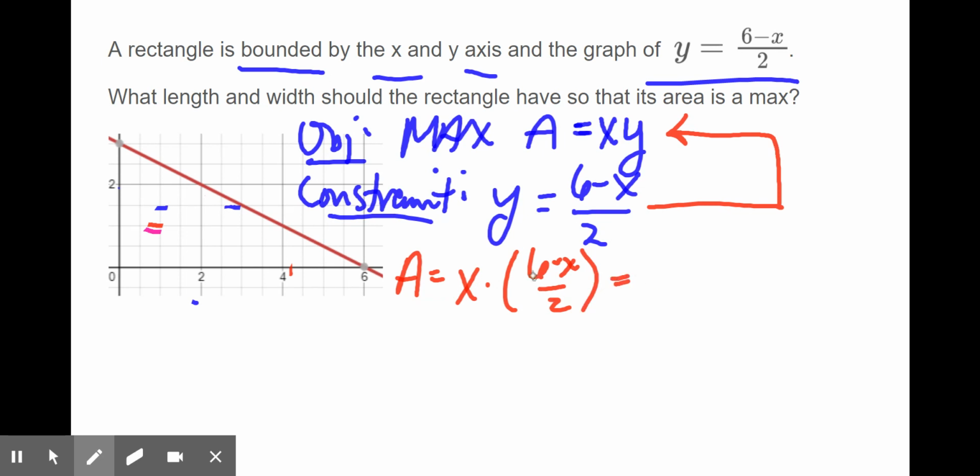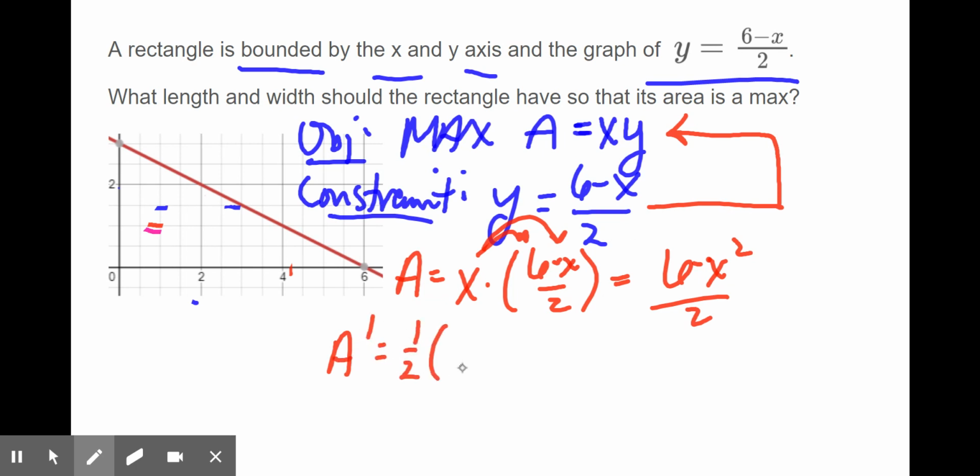So if I clean that up a little bit, distribute the x, I'm going to get 6x minus x squared over 2. So now I want to derive this. So A prime is going to be, just leave the 1/2 out of it, its derivative is going to be negative 2x. Derivative of 6 is 0.